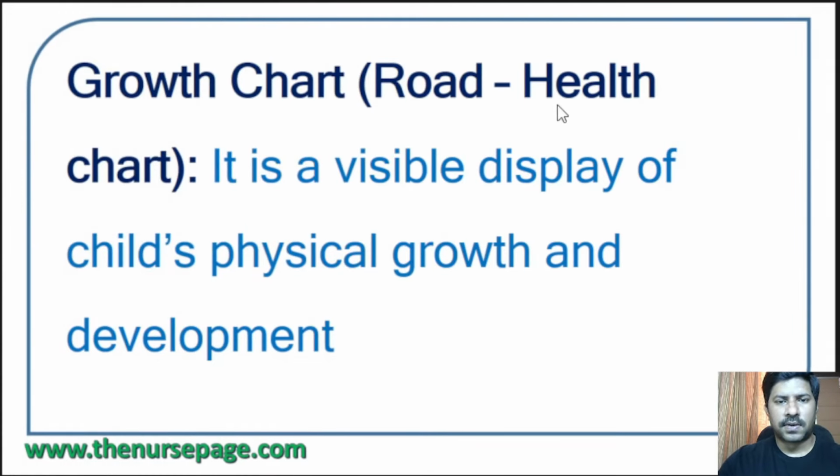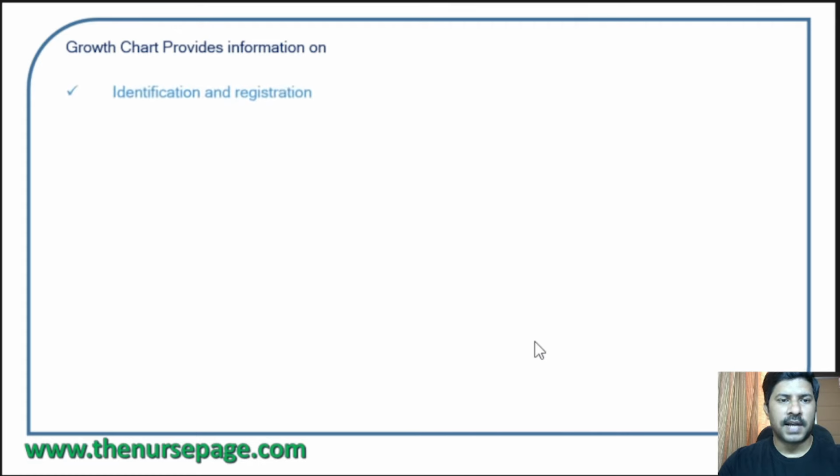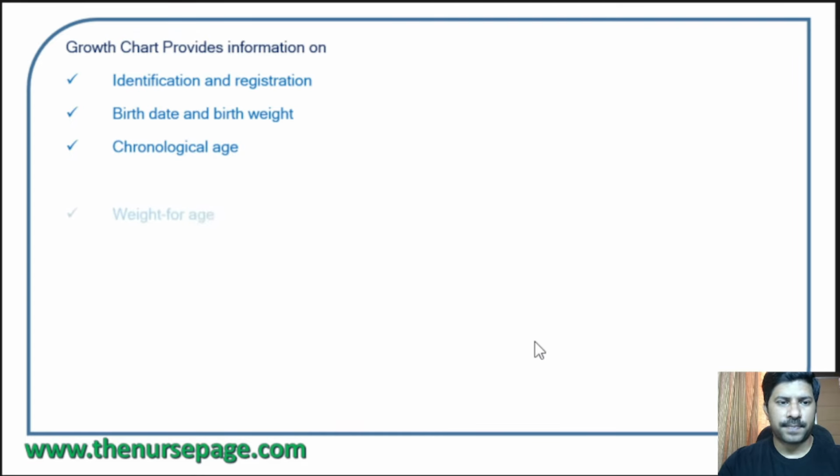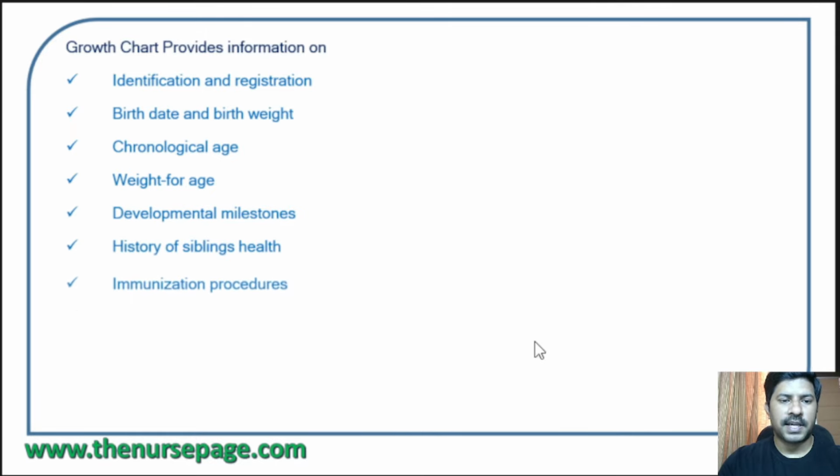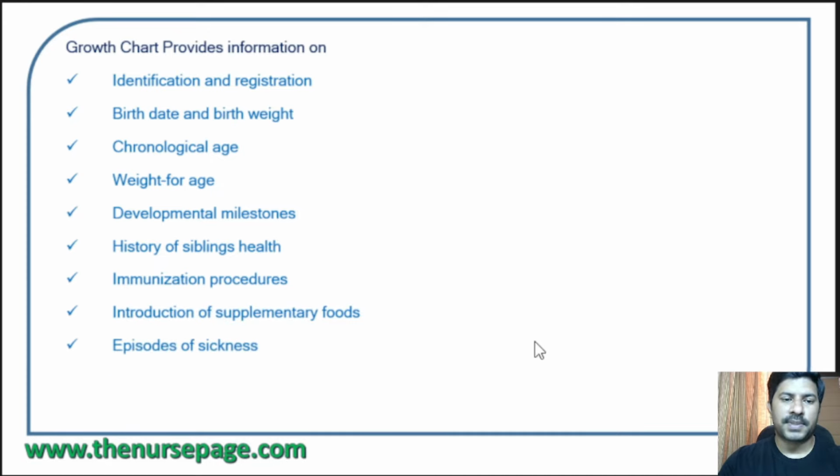Growth chart or road to health chart, it is a visible display of child physical growth and development. In that, growth chart provides information on identification and registration, birth date and birth weight, chronological age, weight for age, developmental milestones, history of siblings' health, immunization procedures, introduction of supplementary foods, episodes of sickness, child spacing, reasons for special care.